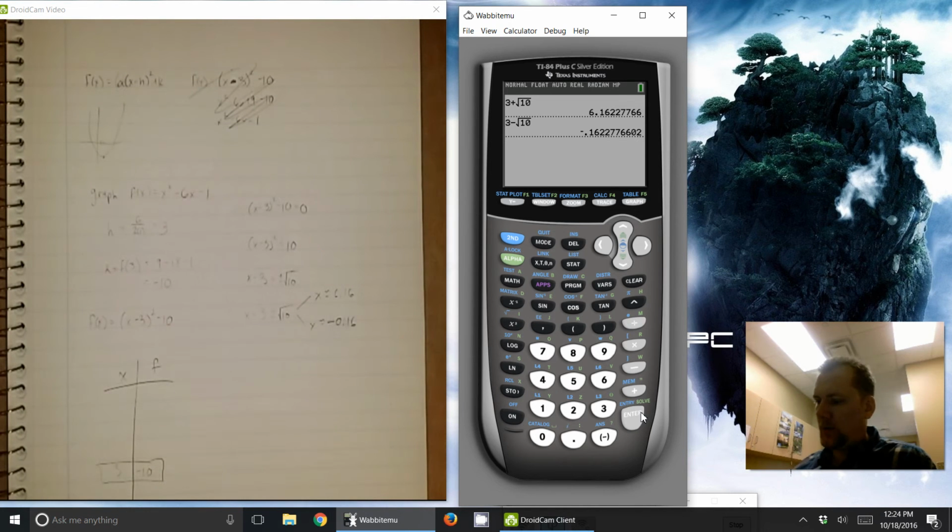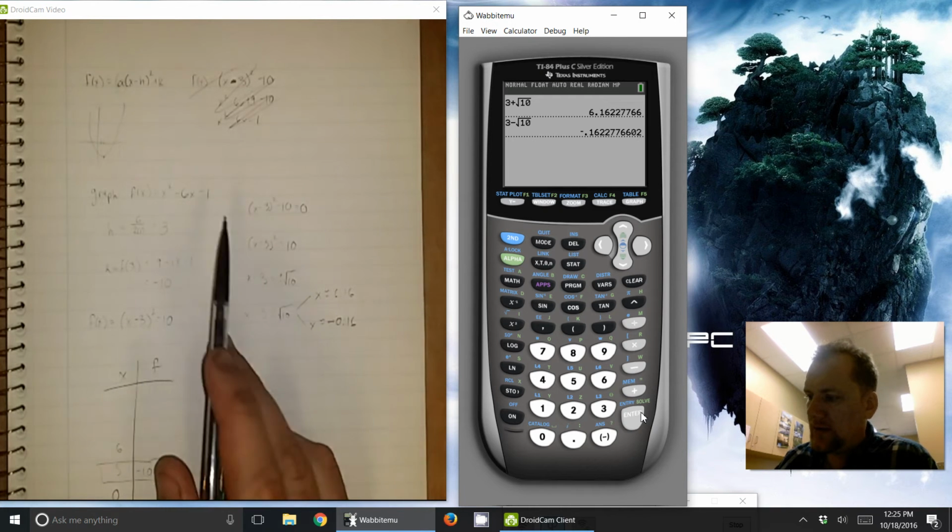And now I know I want my y-intercept. So if I'm putting it in descending order, this number's bigger, so I'll put the y-intercept here. So its friend has to be here. And the y-intercept is c when you're in standard form.